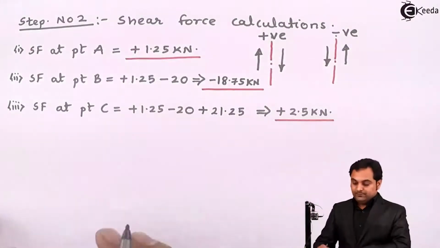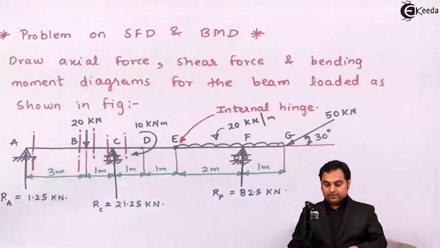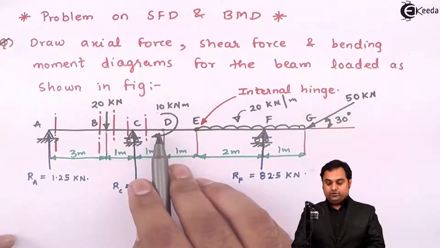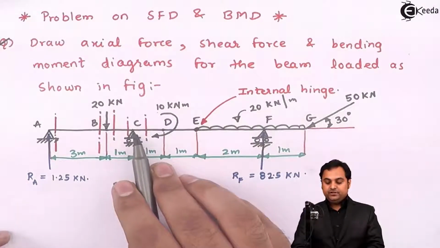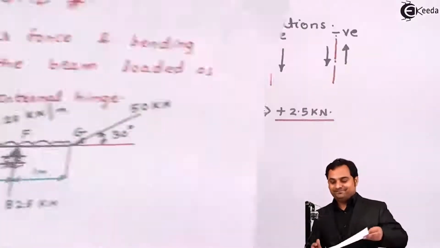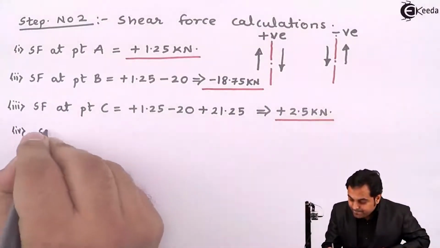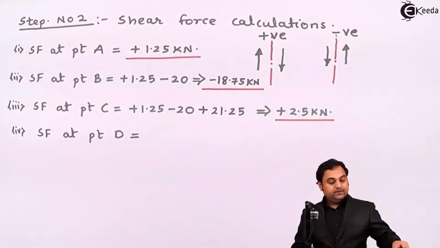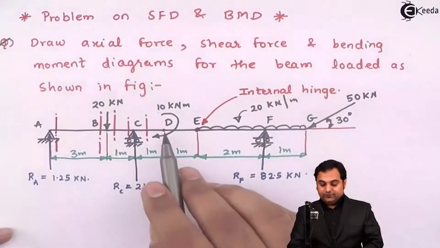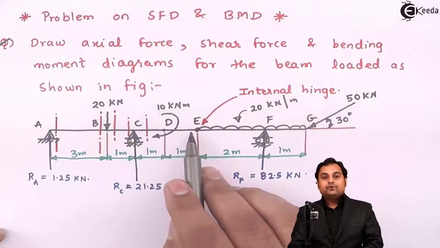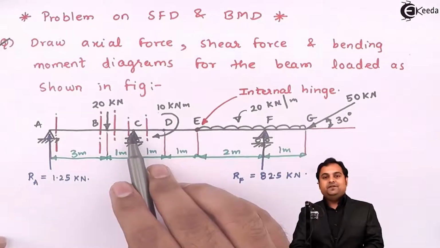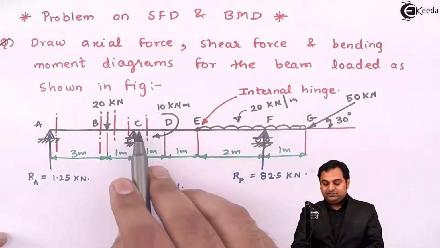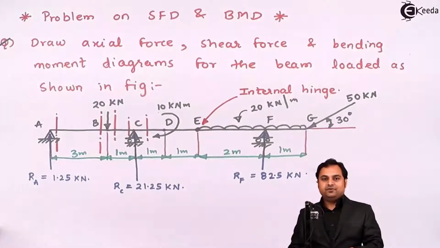After getting the shear force at point C, between point C to D, there are no forces present. So whatever shear force we are getting at point C, same will be the value at point D. Similarly, there are no forces from D to E. So whatever shear force we get at point C, same will be the value at D and same will be the value at E. It means in portions C, D and E, the shear force remains constant.